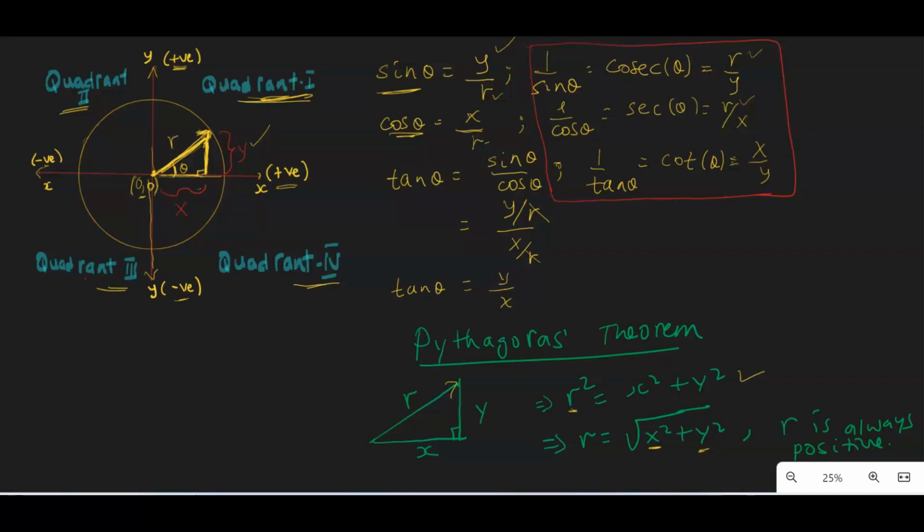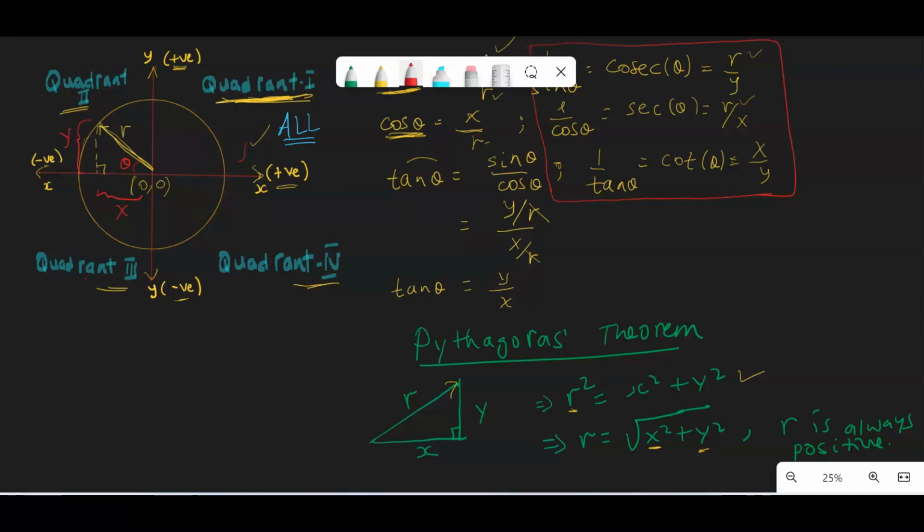So the cosine function at quadrant 1 is always positive. The tangent is still positive because sine is positive and cosine is positive, so tangent also must be positive. So in this quadrant 1, all functions are positive.